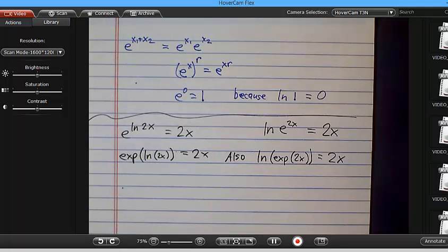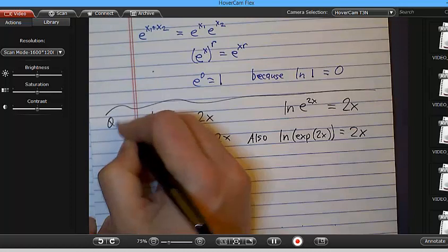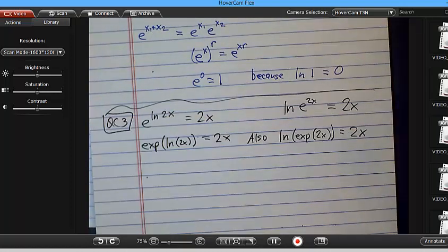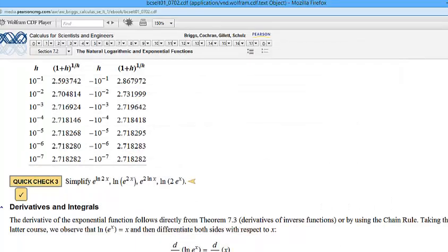So again, this is Quick Check 3. Let me go ahead and do the other ones. Oh, funny, I just did the other one. Now there's two more I should do. I should do e to the 2 ln x. That's actually a really nice one to see. Good exercise. And then they also want me to do the natural log of 2 e to the x. Okay, we'll see if we can do that.